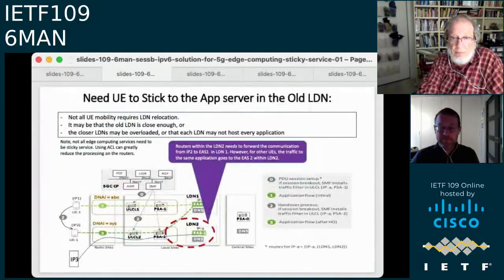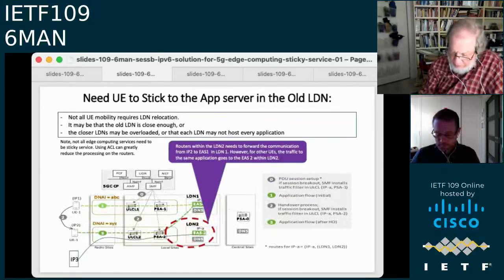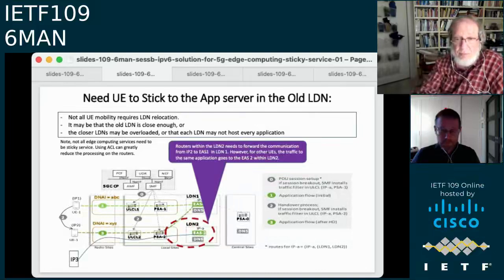The sticky service in 5G edge computing refers to the scenario where the edge servers are very close to each other. The user device, UE, is initially anchored to PSA1, packet session anchor 1, and then moves to a second cell tower and is anchored at PSA2. For this particular UE, the service is better served by the original server, so they call it sticky.